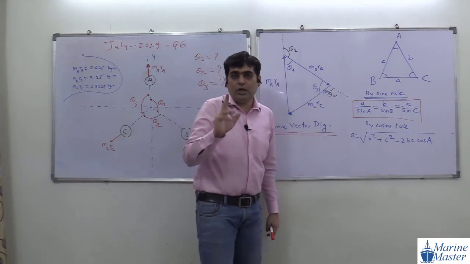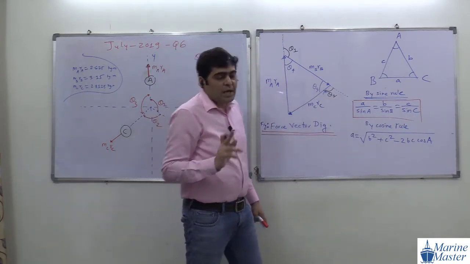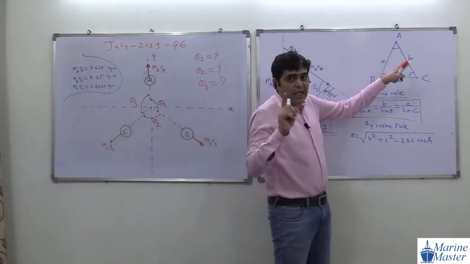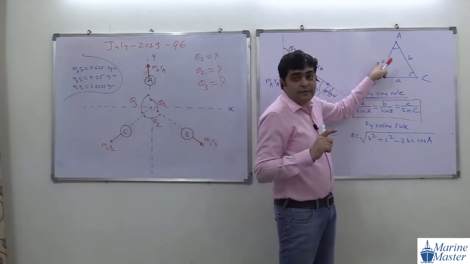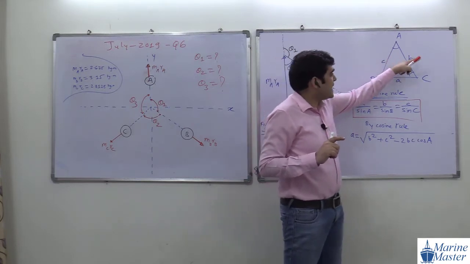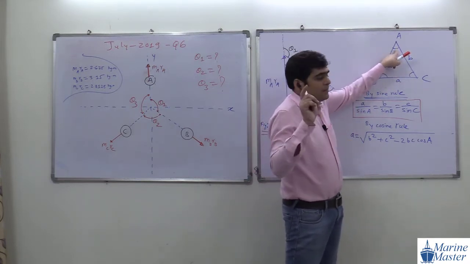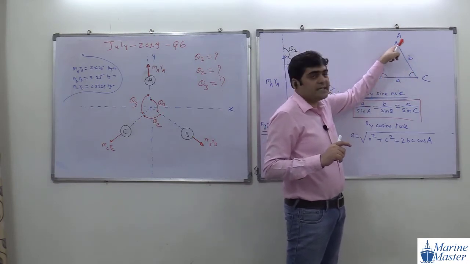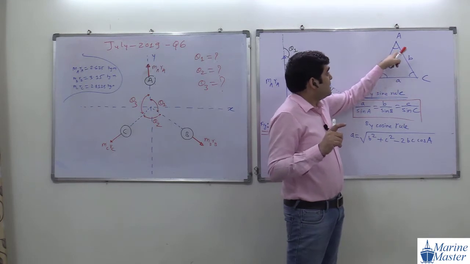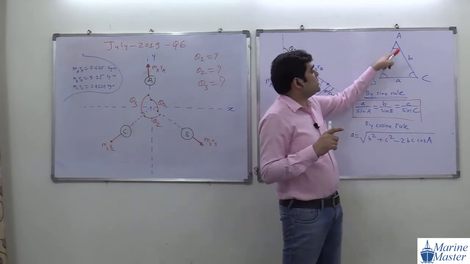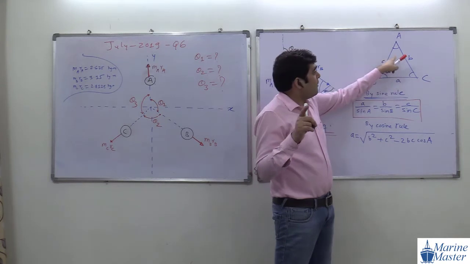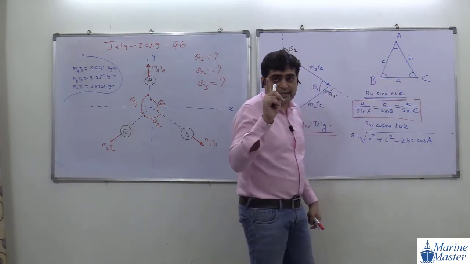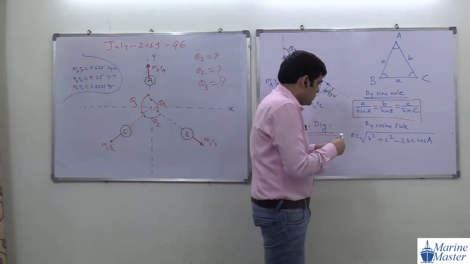Okay, guys, are you getting my point? When to use the cosine rule? If we know sides B and C and the angle between them, that is angle A, and we have to find the side opposite to A, that is side A, then we are going to use the cosine rule.